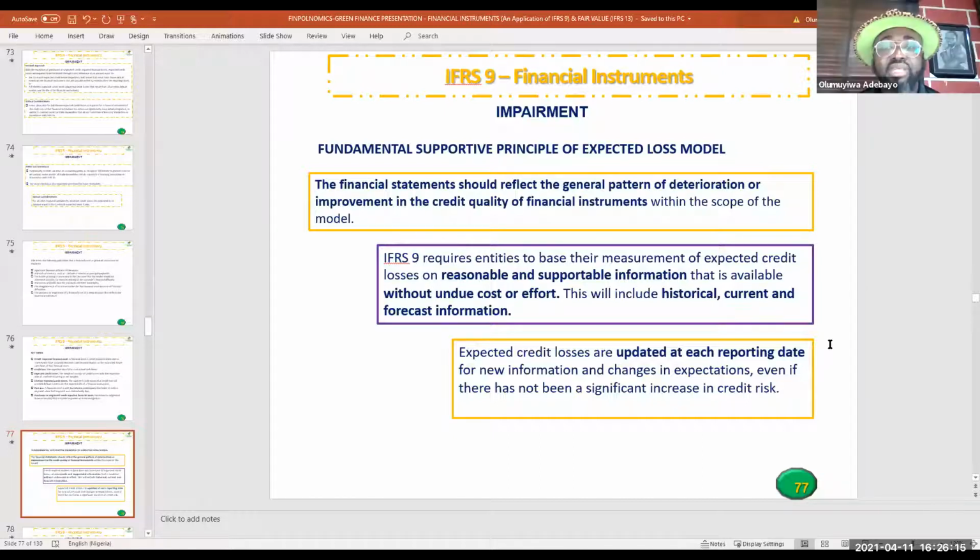The financial statement should reflect the general pattern of deterioration or improvement in the credit quality of financial instruments within the scope of the model. Secondly, IFRS requires entities to base their measurement of expected credit losses on reasonable and supportable information that is available without undue cost or effort.